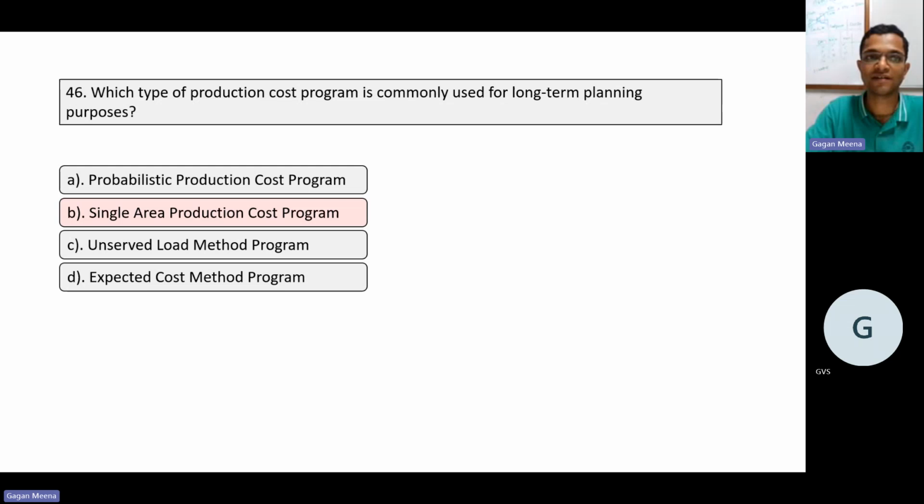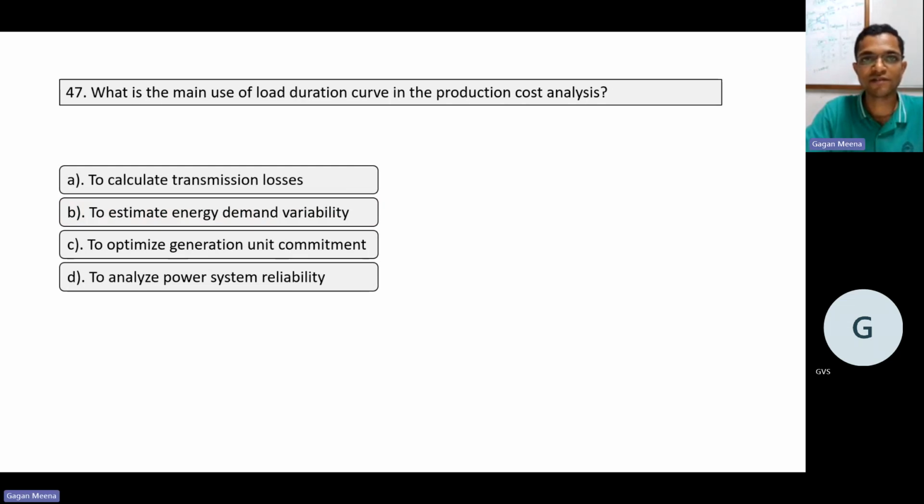What is the main use of load duration curve in the production cost model? To calculate transmission losses, to estimate energy demand variability? Load duration curve is used to optimize the generation unit commitment.